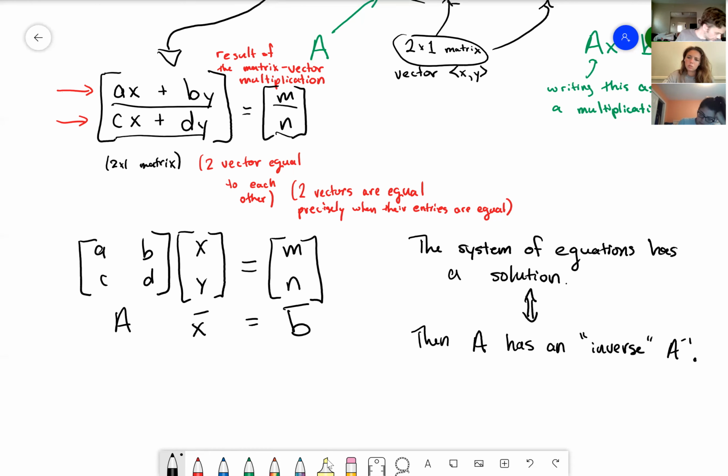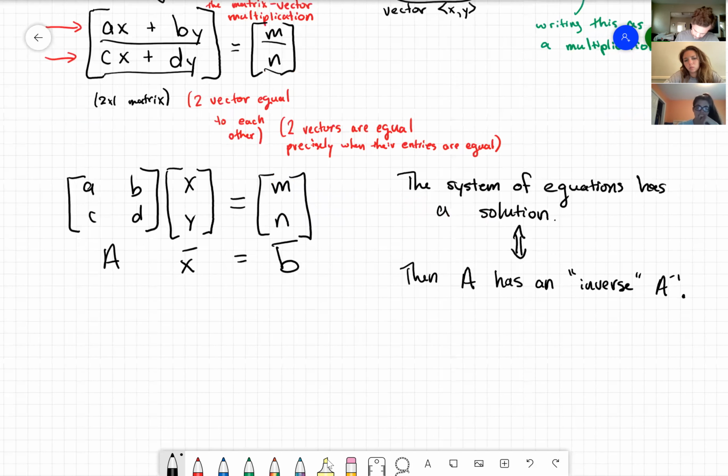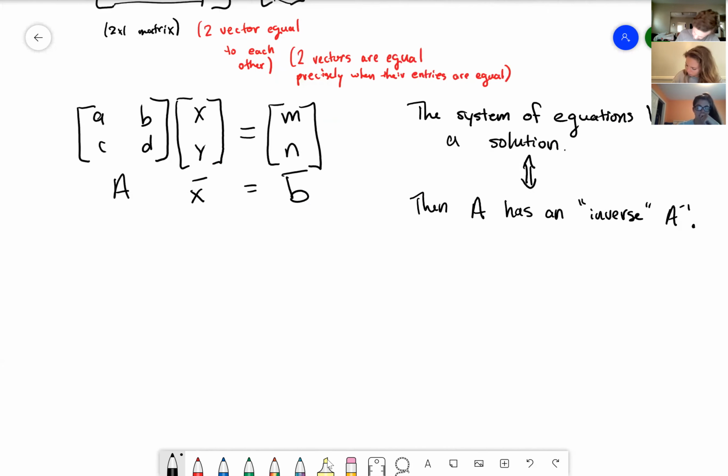And, well, before I try to explain what an inverse of a matrix is, I'm just going to give you the inverse of this matrix. Okay, so if this is A, this is our A, right? This 2 by 2 matrix. Then there's actually a formula for its inverse.